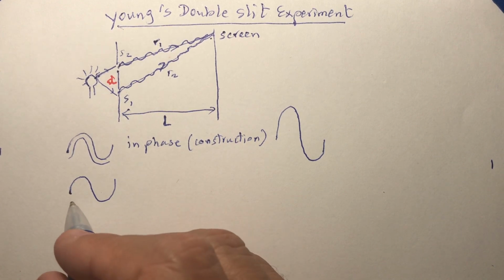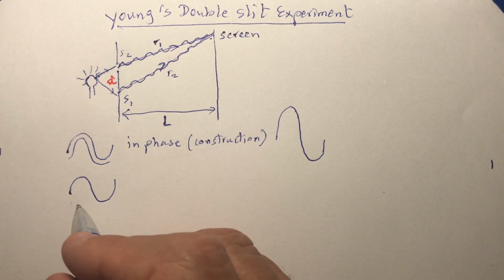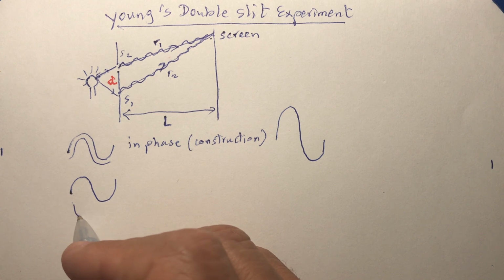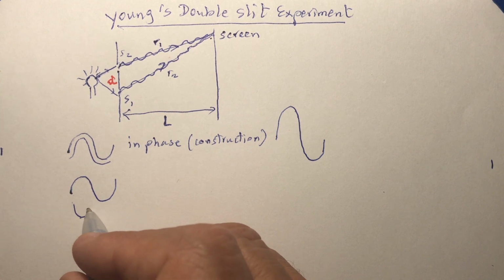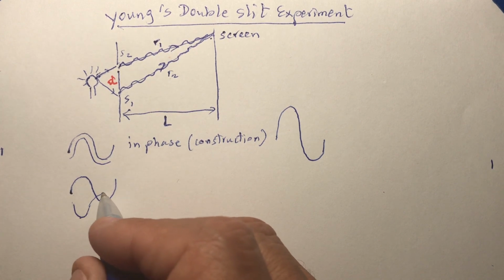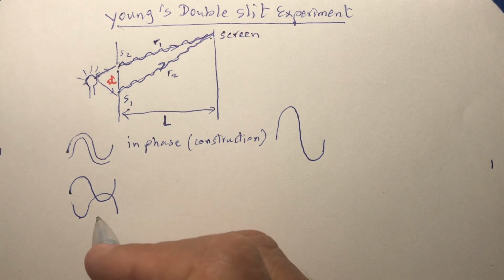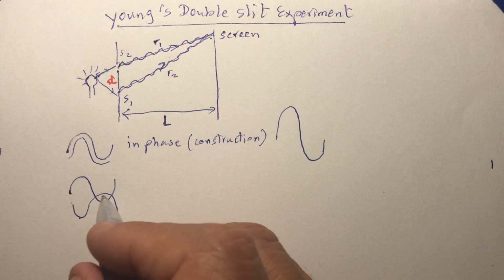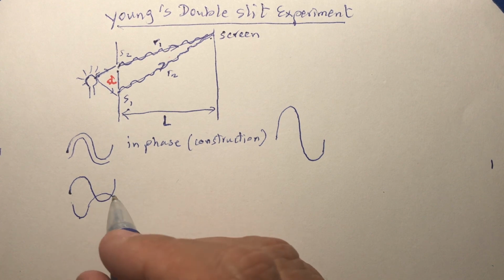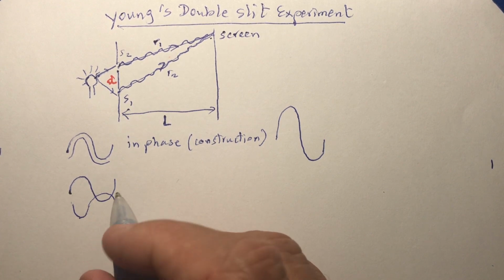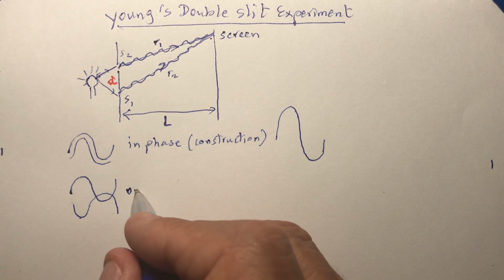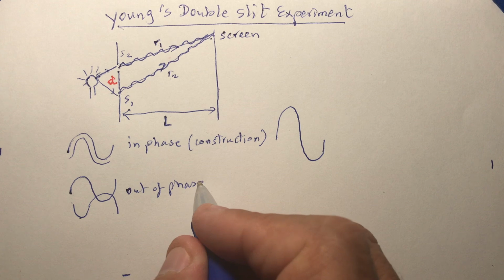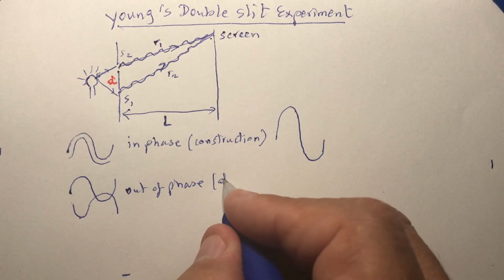Now we can have a case like this where the waves are out of phase. When this one is high, the other one is low. It's like that. I made them touch because I don't have enough room. So these are out of phase. This is destruction.